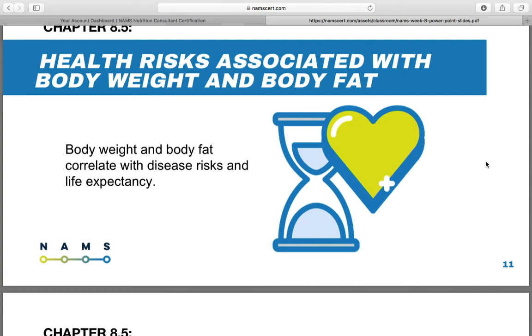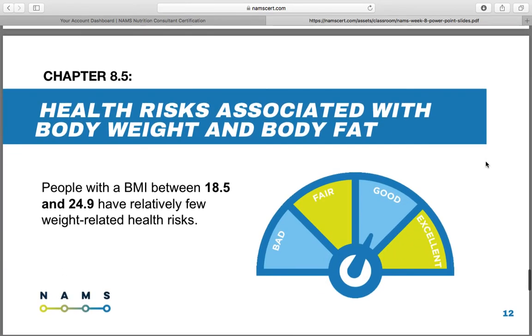Some health risks associated with body weight and body fat. Body weight and body fat correlate with disease risk and life expectancy. So something you want to definitely take note of is you should keep your body fat and body weight relative to your height and weight within a healthy range, within a healthy BMI, to avoid disease risk, and it will lengthen your life.